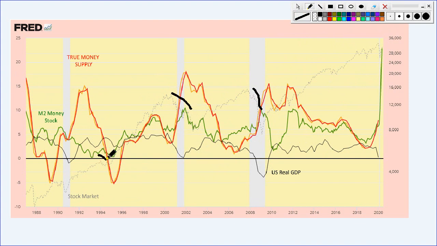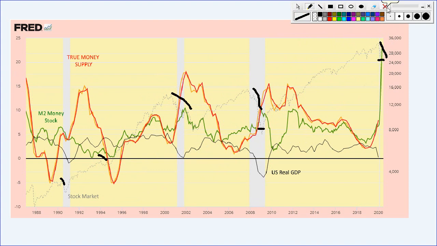Now, has the Fed stopped the crisis? Because the Fed didn't get involved until down here. They weren't really involved in here, but they got involved early up here.